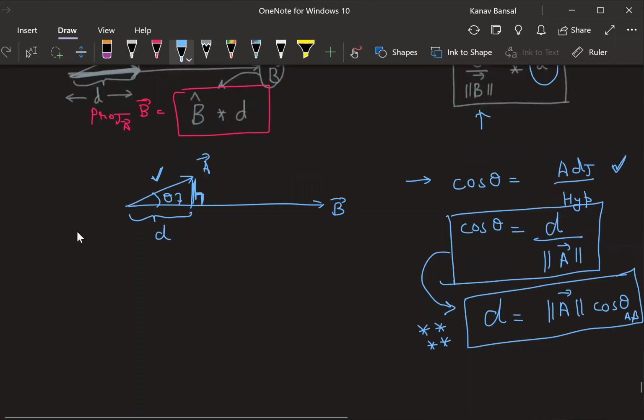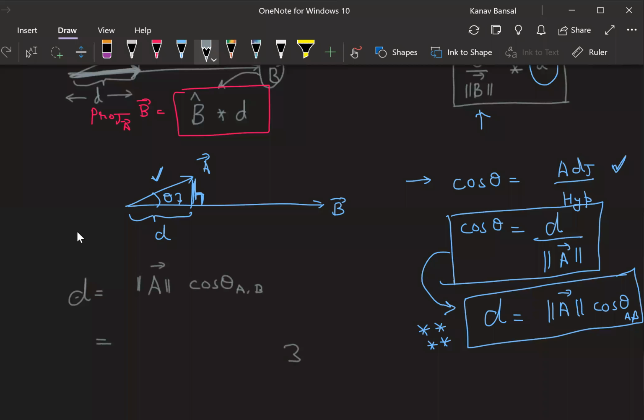Right? So, let me try to simplify this equation again. We already know that d is equal to the length of a vector into cos theta, where theta is the angle between a and b. So can I divide this equation?